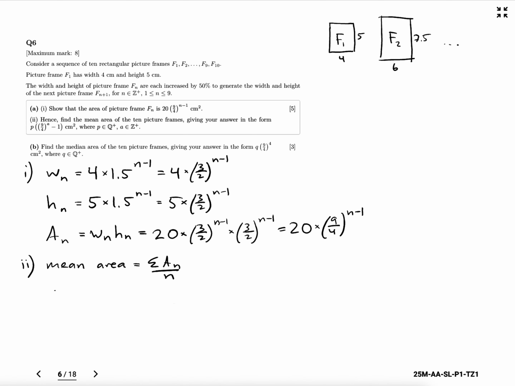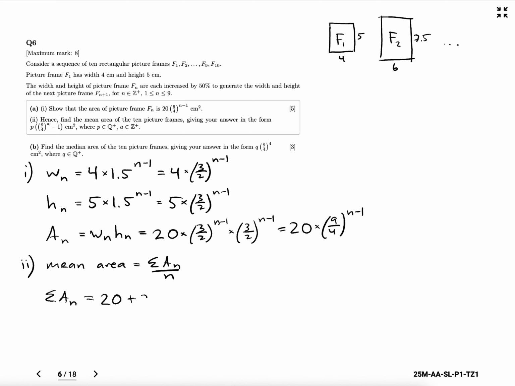The sigma always looks a bit scary, so let's actually expand the sigma of a_n, when we're summing over all 10 picture frames using this area expression that we had. So for n equals 1, it's going to be equal to 20.